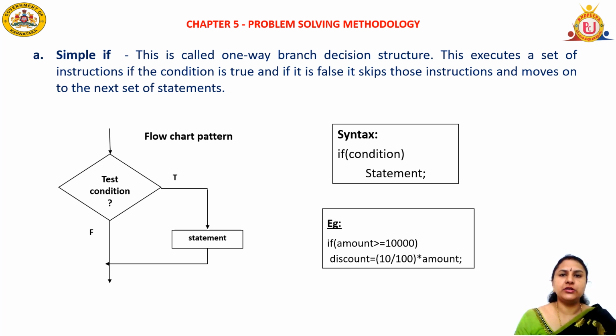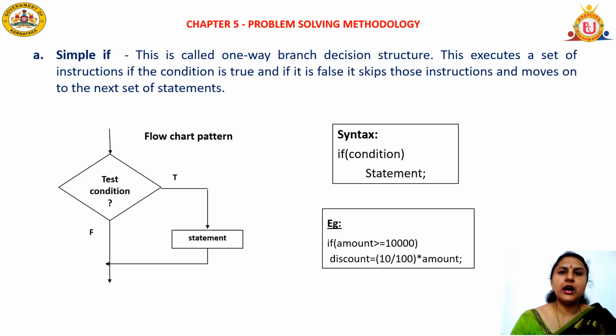If purchase amount is greater than or equal to 10,000, discount is equal to 10 by 100 within brackets into purchase amount, semicolon. You will write the code in this format. So this is called simple if.